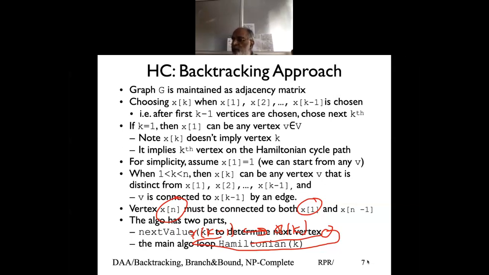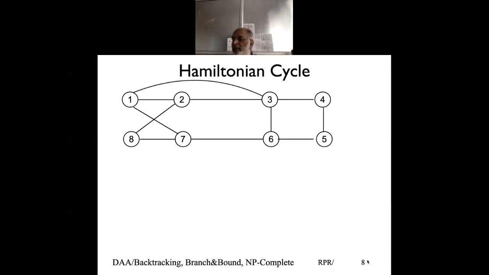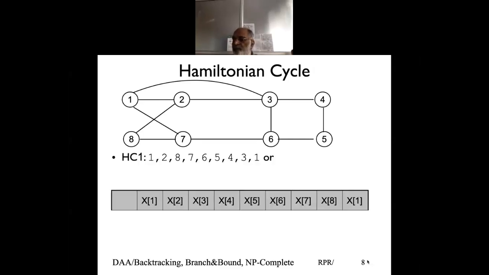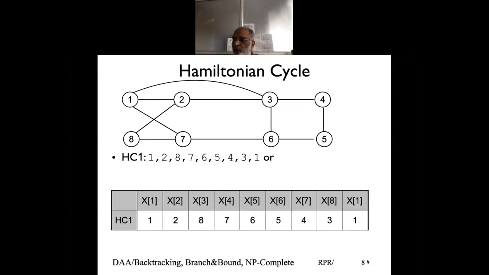Now let's look at an example of what x1, x2 would mean. Let's look at this graph for cycle 1. For this cycle, x1 is 1, x2 is 2, but x3 is 8. x3 is not 3. Our cycle is this: the first vertex, the second vertex, and this third vertex we have chosen.